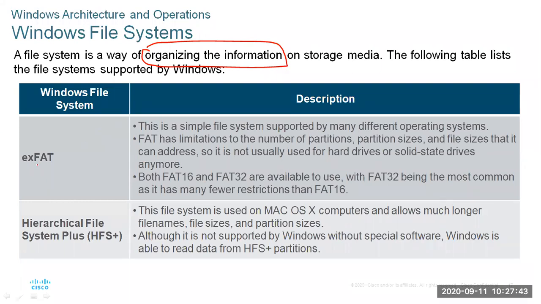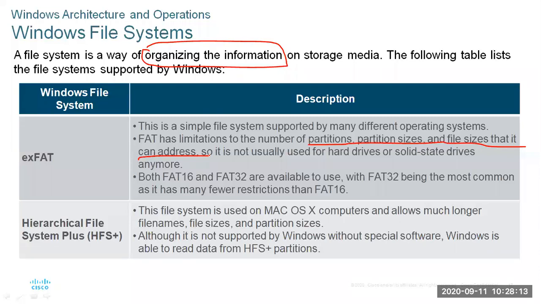The first is FAT. This is a simple file system supported by many different operating systems. FAT, by the way, is the File Allocation Table. It has limitations on the number of partitions and sizes, and the file size that it can address.